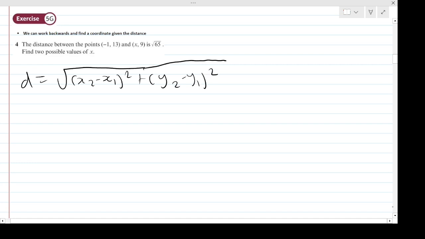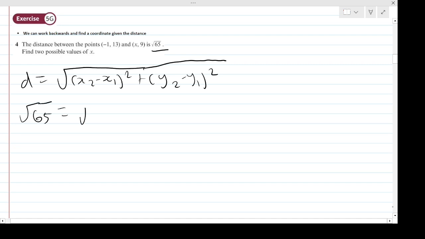We know the formula: D is the square root of the change in x, x2 minus x1 squared, plus the change in y, y2 minus y1 squared. Well, we know the distance is root 65.